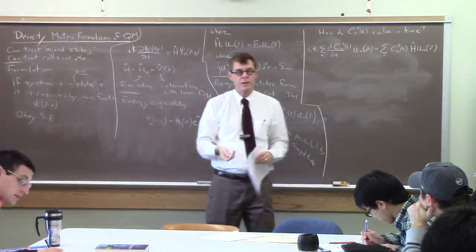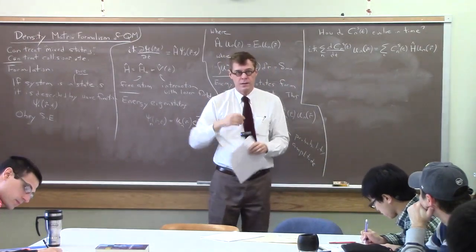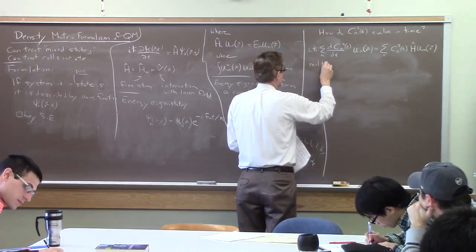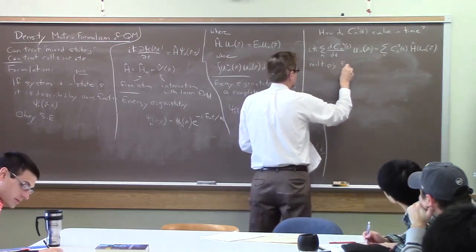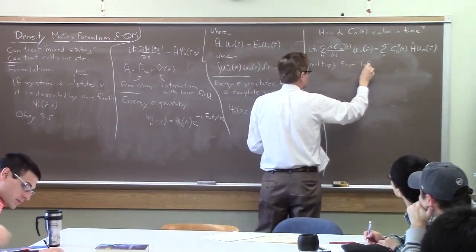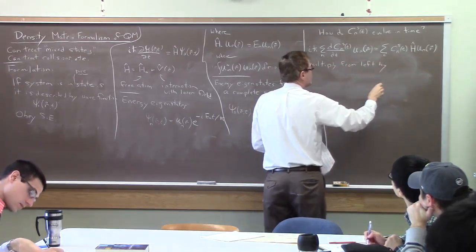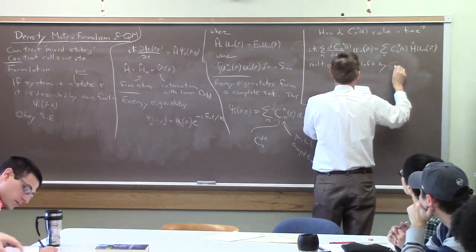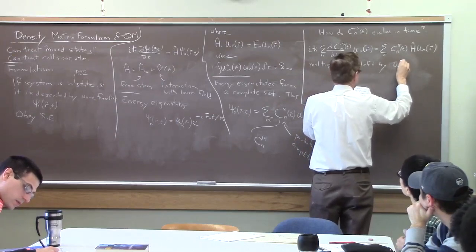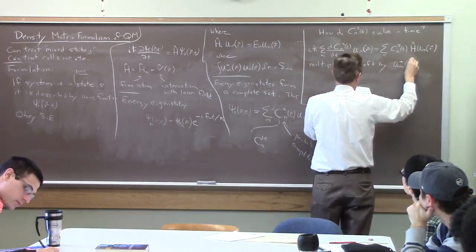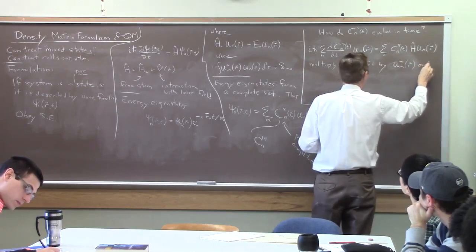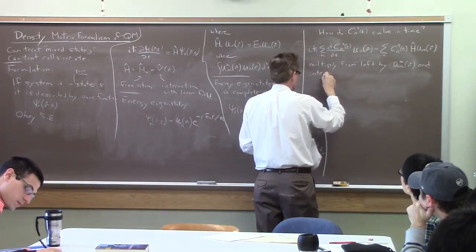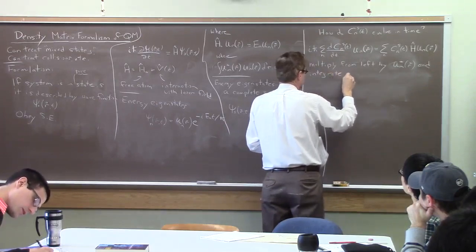Now we play the same trick that we did last week. We multiply from the left by u_m star of r, and integrate over all space.